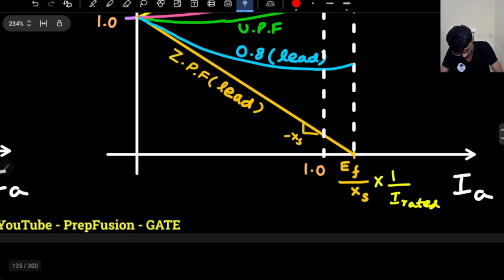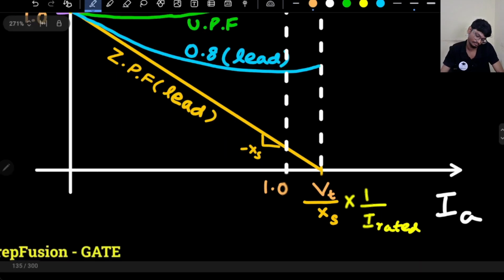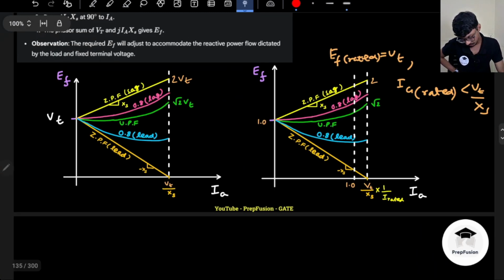This will not again be EF by XS, this will be Vt by XS. So this is the graph basically. I hope you have understood this basic point.